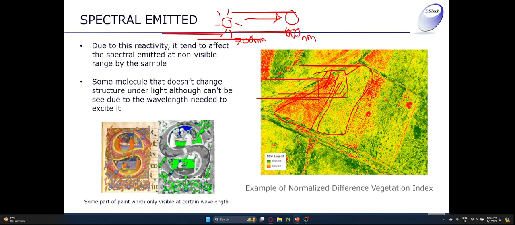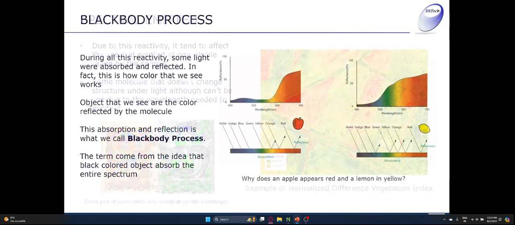Then, because the excitation energy starts at 1000 nanometers and this is only 700, you won't actually see any effects here. So this is a typical reason why you also want to use a halogen lamp, because of how its distribution is.